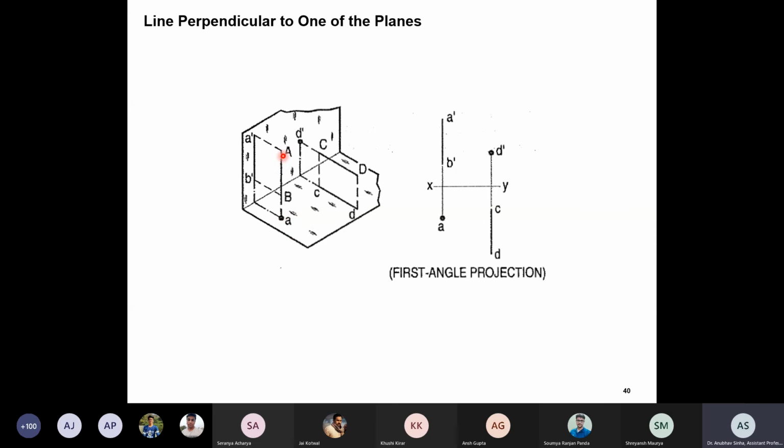Why? Because if you look at the line from the top, it will be a point only, right? So that is what is seen here. Similarly, CD, if you look from the top, it will look like a line CD, which is shown here. But if you look from this side, the projection on this plane will be only a point, D dash.